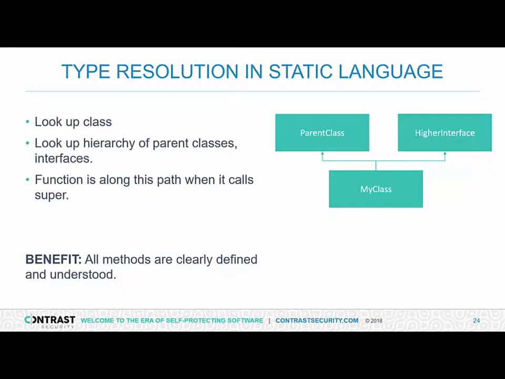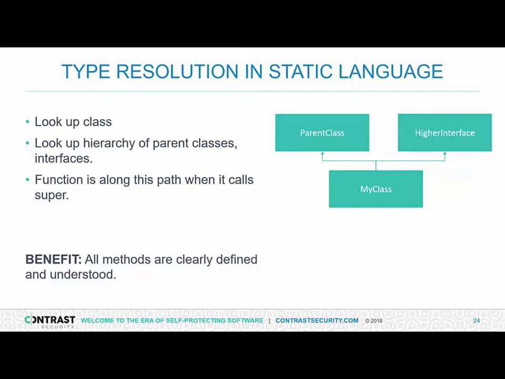So what we would do here is look up the hierarchy of what my class is and what's everything above it. And the way that we would have an analyzer that goes through and figures out what the functions are is, if a class extends another class or implements it and overrides something that's in that superclass, we have an understanding of what happens in my class because we understand the parent within this hierarchy.